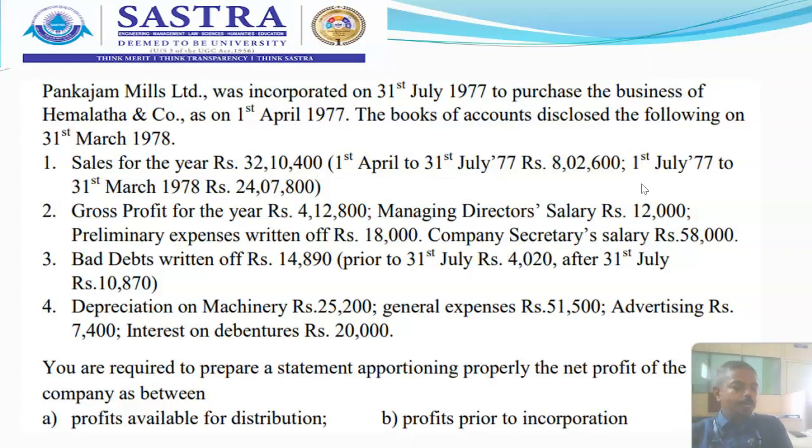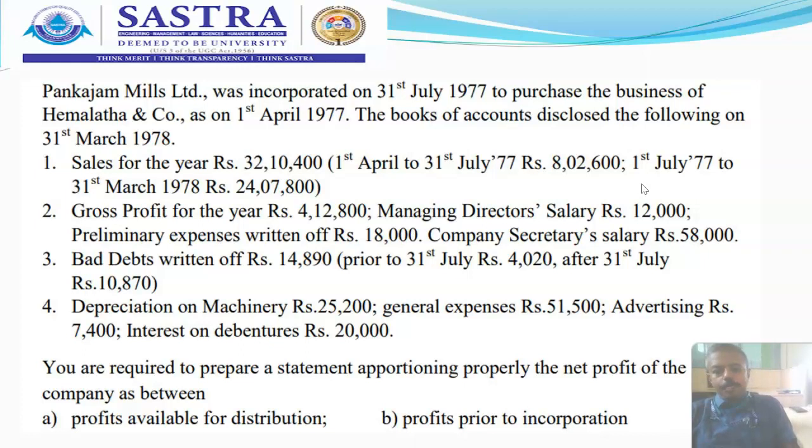We have only one revenue, gross profit, so take that as the total of revenue from operation. Then employee benefit expenses, we have only one item, so we'll take that as the total of employee benefit expenses. And the finance cost, here also we have only one item, interest on debenture, that is 20,000, which you may take as the total of finance cost.